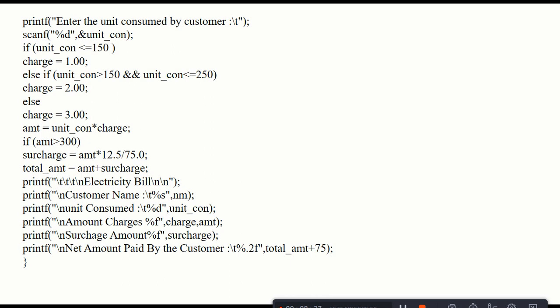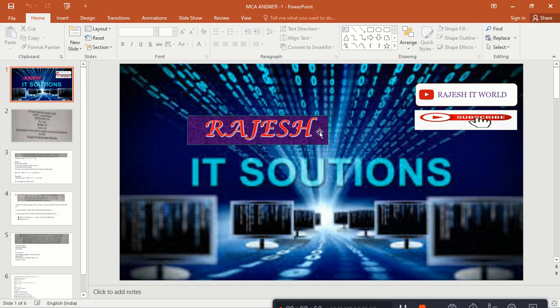Fourth print is amount charges, how much amount charged. Fifth is the surcharge amount. The last one is the net amount, which is the amount to be paid by the customer, displayed as total amount plus the additional 75. That is the program. Thank you.